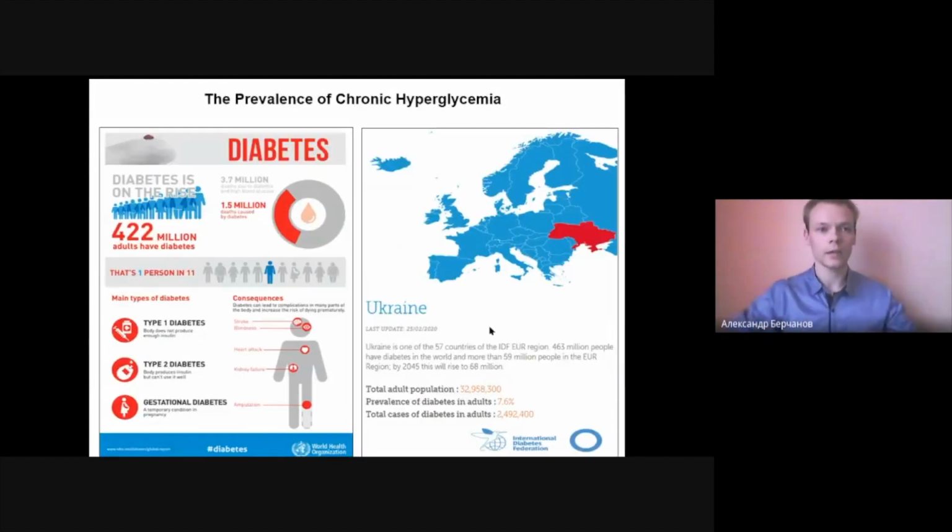Chronic hyperglycemia is one of the most common metabolic disorders worldwide, and it is often associated with development of secondary complications in different organs, including the skeletal muscles.